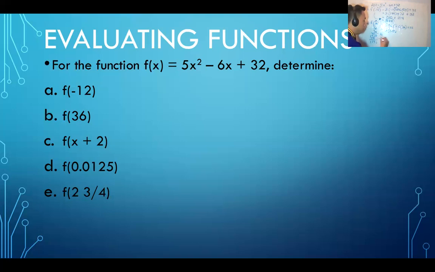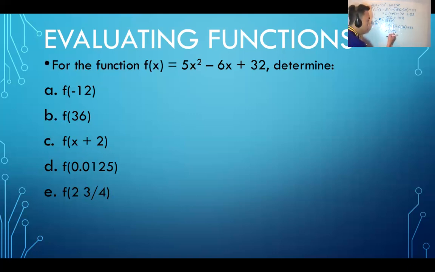So, again. 36, 18, plus 18 is 36. 1296. Okay, so I made a mistake. Sorry.